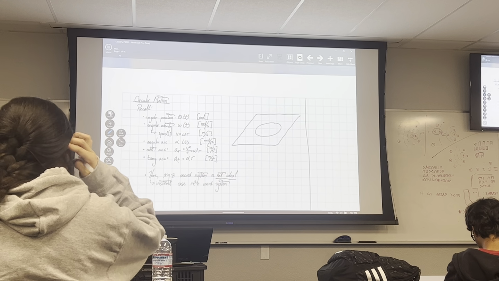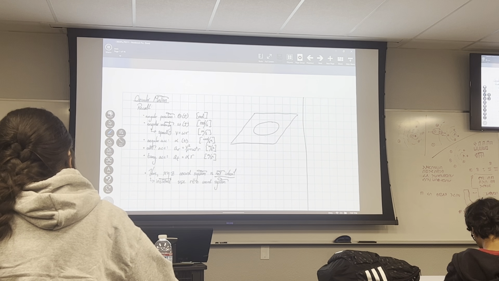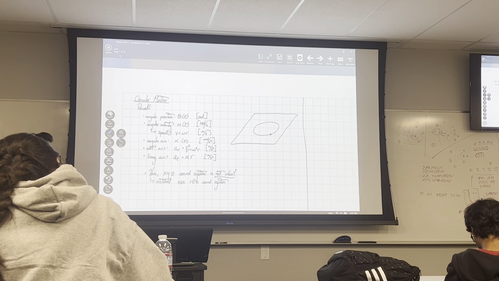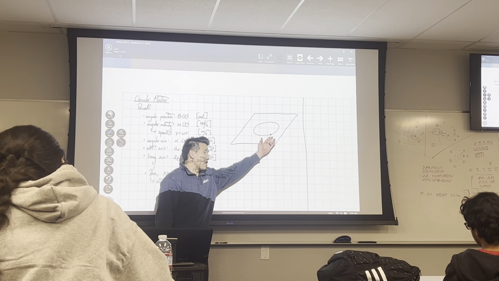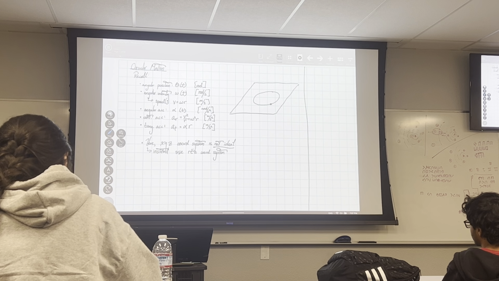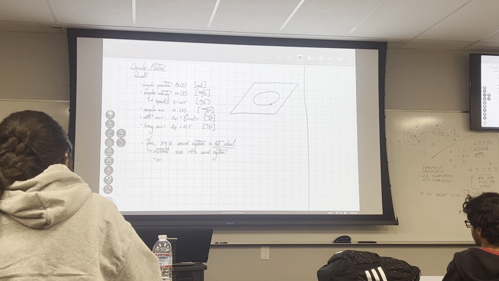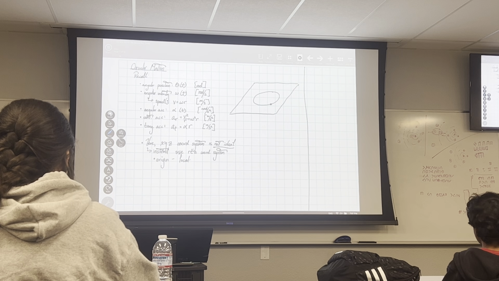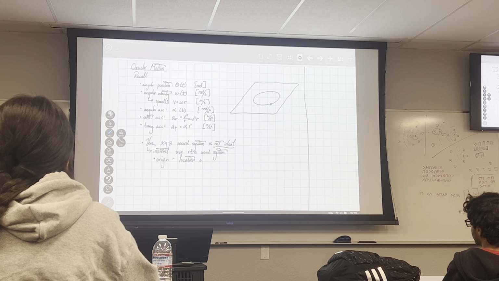So our object is going to be moving in that circular trajectory. And so let's say at a certain point, our object is right here. The origin of our coordinate system is going to be the location of our object.